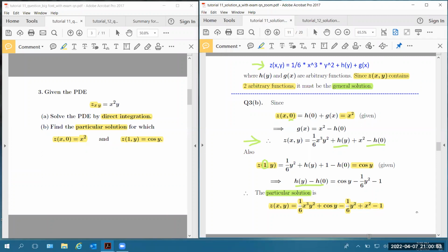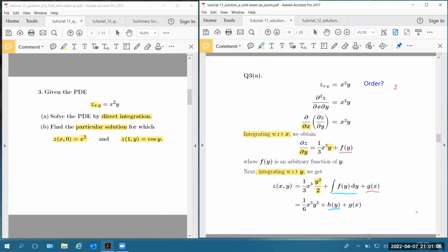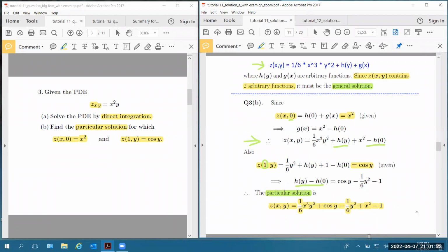So any problem here, number 3? Hello, Prof. When you say integration with respect to x or with respect to y, the answer is the same, right? That is when the function is continuous. Correct. Your z here is continuous. If it's not, then it won't be the same. Prof Teo mentioned that, is it?